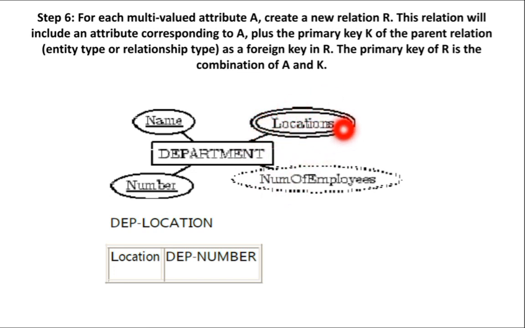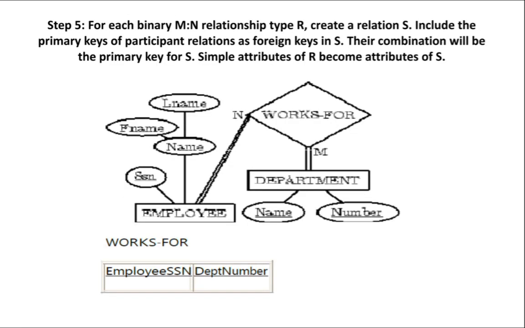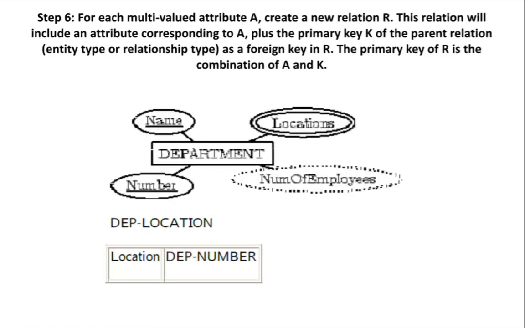I made this multi-valued locations a separate table, a separate relation. Hope you are understanding. Right? Here also I created a separate table. I included both the primary keys. Here also I am converting this multi-valued attribute into a separate table.